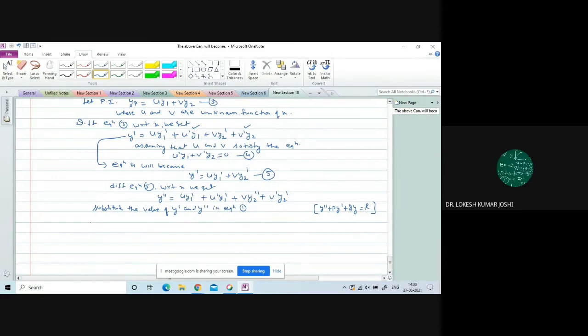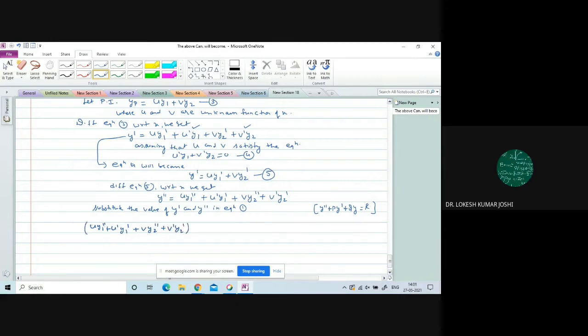I am writing it: u y1 double dash plus u dash y1 dash plus v y2 double dash plus v dash y2 dash.